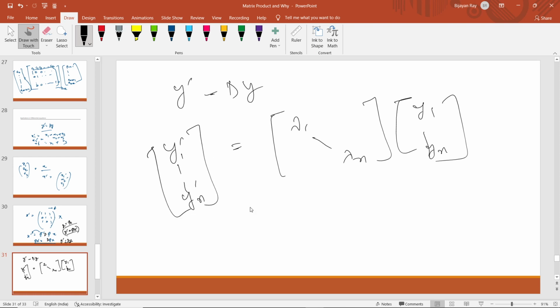So this reduces to the simple differential equations we all know how to solve: y1 prime equal to lambda 1 y1, y2 prime equal to lambda 2 y2, and so on, y3 prime equal to lambda 3 y3, and so forth, right?